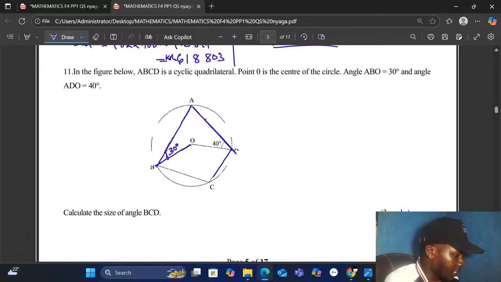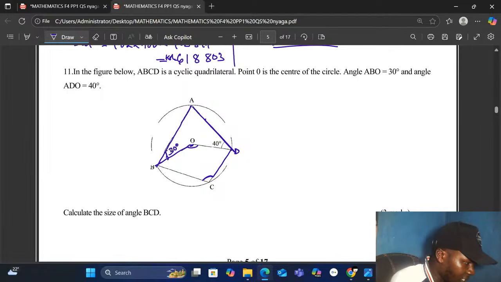Now they are asking us to calculate the size of angle BCD. This is B, C, this is D. So this is the angle that they want us to calculate. Now to find BCD, it will be simple. We know that here to get the center, this angle.